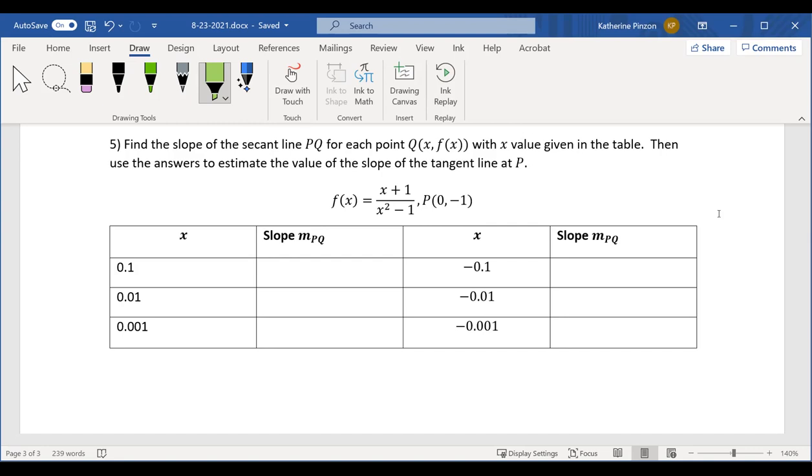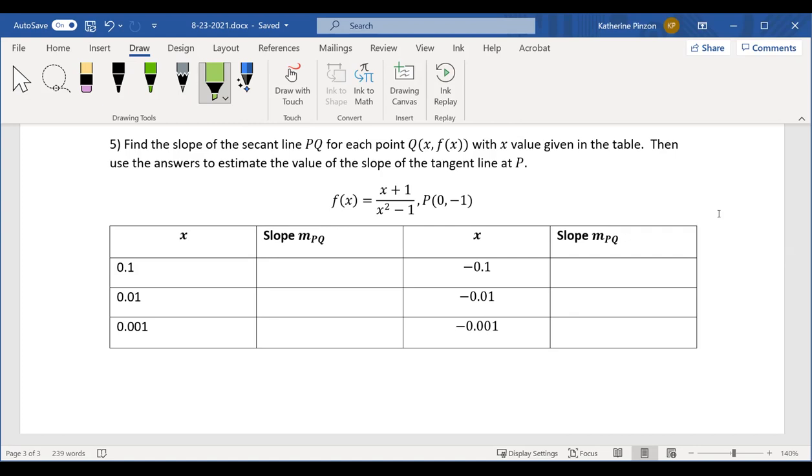It wants the slope of the line that joins this point, 0, negative 1, with this point, 0.1 comma something. So it doesn't just want the value of the function at 0. We know that the limit at 0 is going to be negative 1; we just plug 0 in there, and it's going to spit out negative 1.